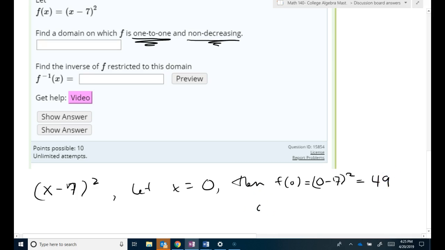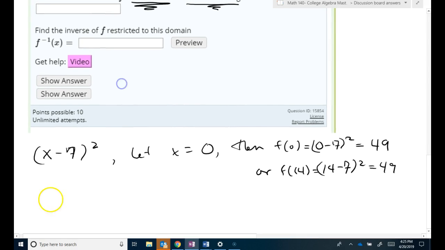Or f of 14, that's going to be (14 minus 7) squared, and that's also going to equal 49. If you need to, you can pause and go in and check that that's going to be the case in terms of our functions. So this is a problem.